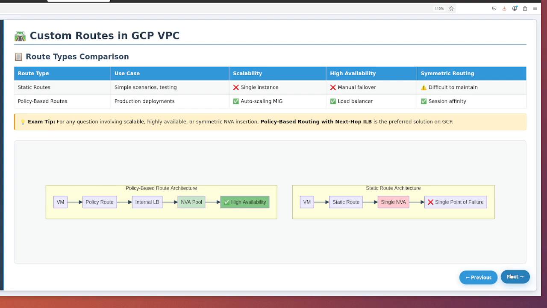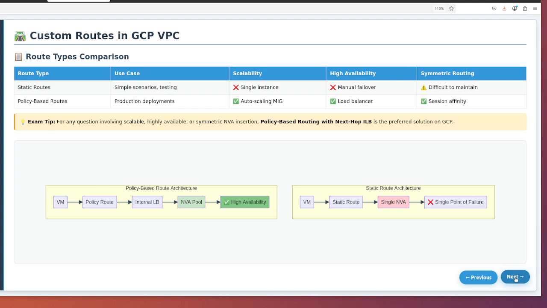Policy-based routes with internal load balancers are the recommended approach for production deployments. Instead of pointing to a single virtual machine, you point to an internal load balancer that fronts a pool of NVA instances. This gives you high availability, automatic scaling through managed instance groups, and most importantly, symmetric routing. Symmetric routing is crucial for stateful appliances like firewalls.